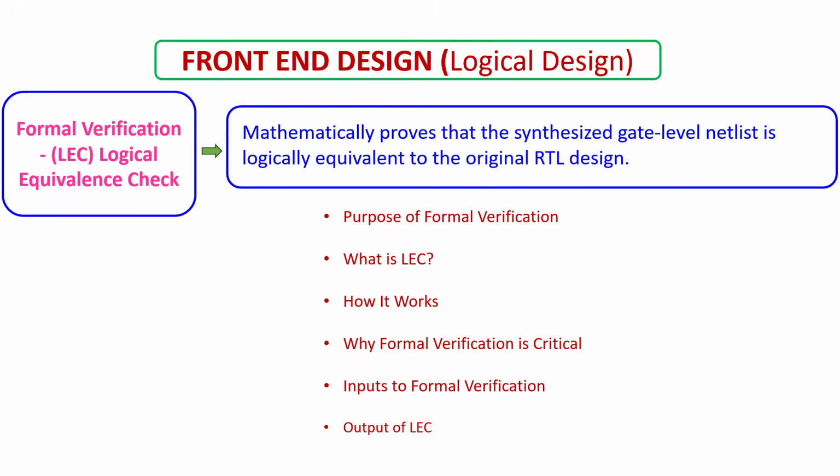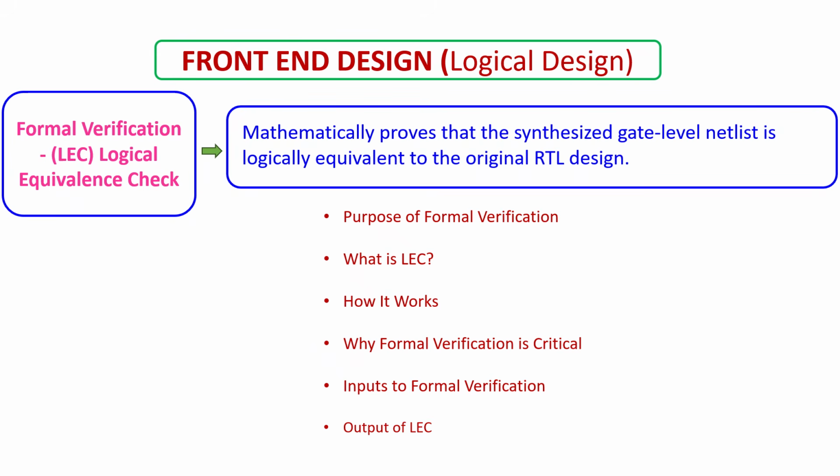What is the purpose of formal verification? Formal verification mathematically proves RTL and netlist are identical. It ensures no logic mismatch after synthesis, it detects hidden synthesis errors, and it guarantees functional equivalence. Next, what is LEC? LEC is logic equivalence check.